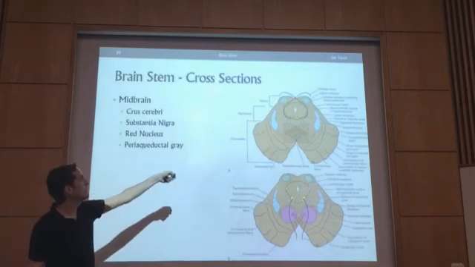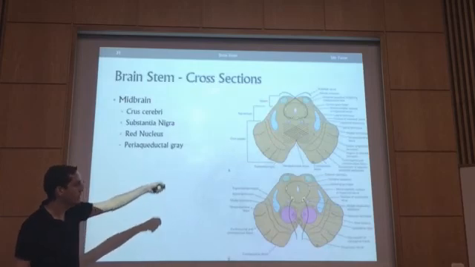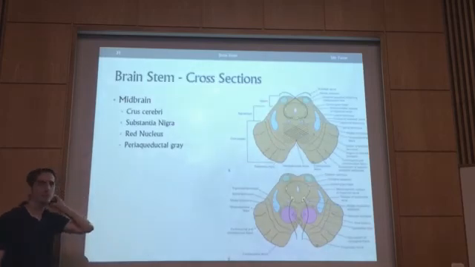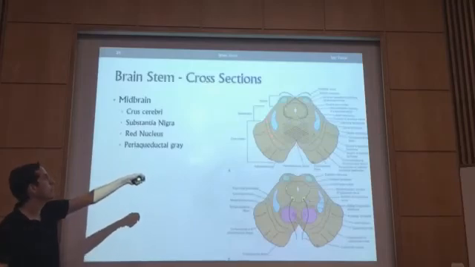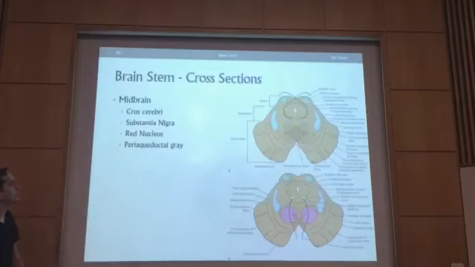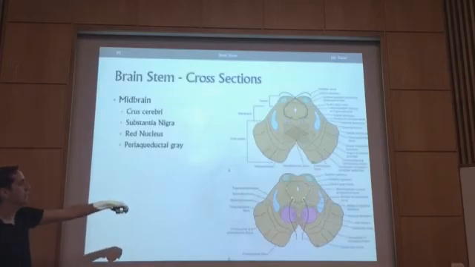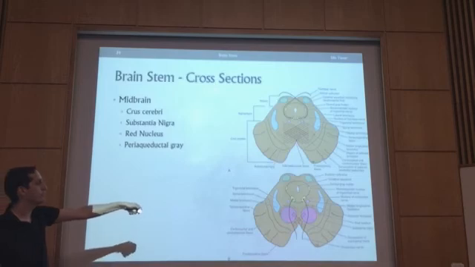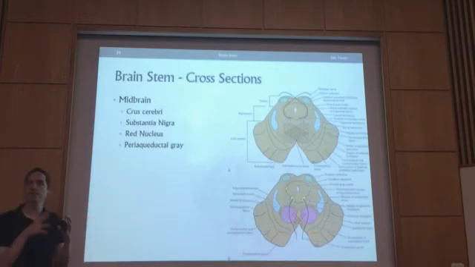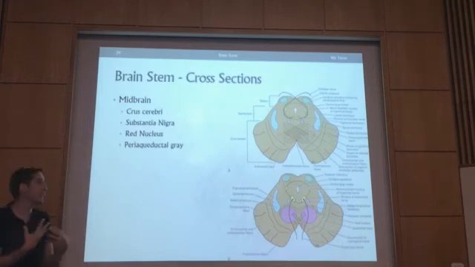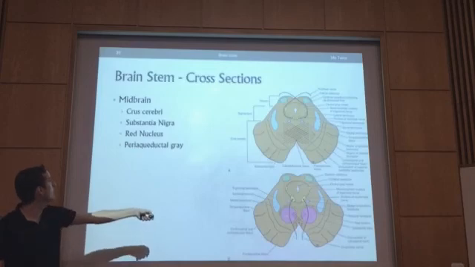So there's this region. This is the substantia nigra. For some reason, in this drawing, they didn't color it in black, but this is the substantia nigra. And another thing we can see in the midbrain is these two nuclei that have a lot of iron and blood supply to them, so they have a red color.